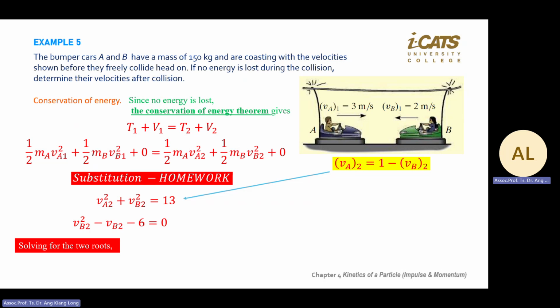You have two roots, so you have a positive and a negative answer. You need to choose the correct one. So you have a positive value of 3 and negative 2.